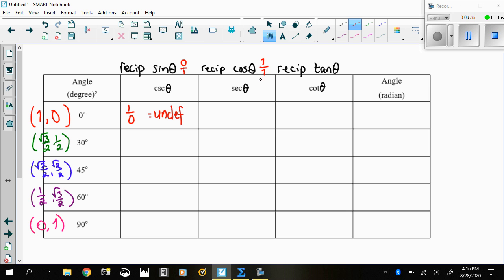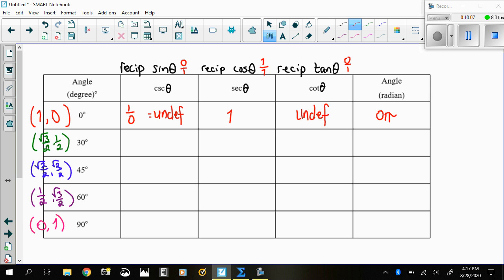So 1 over 1 reciprocals to just 1. Tangent is just the same as sine in this case. It's 0 over 1. So doing the reciprocal again is going to give us an undefined value. And go ahead and write the angle here that you got in the last one, just for repetition purposes, so you can remember that 0 degrees and 0 pi are the same thing.